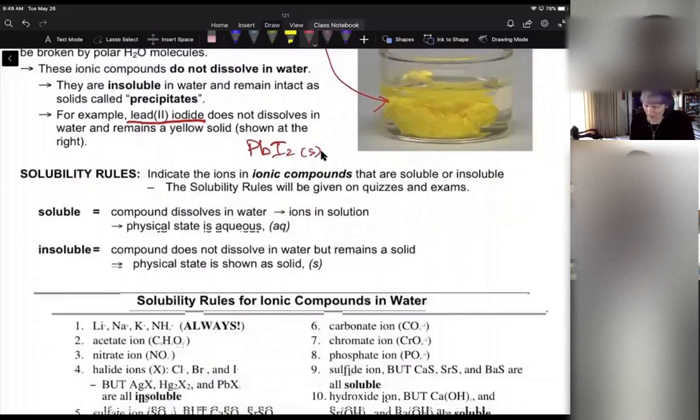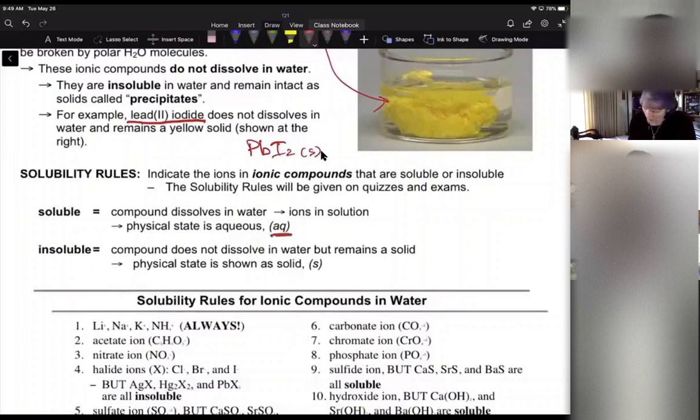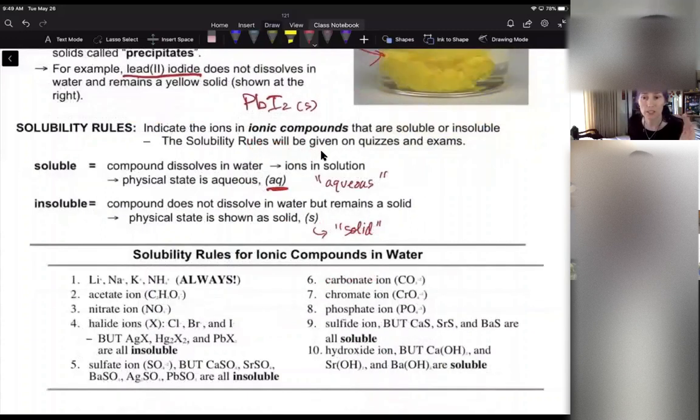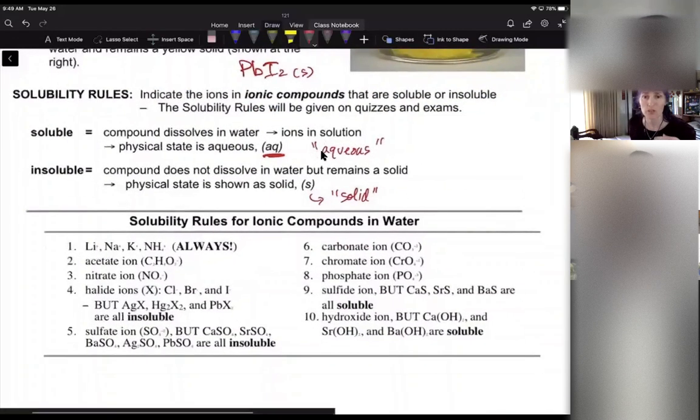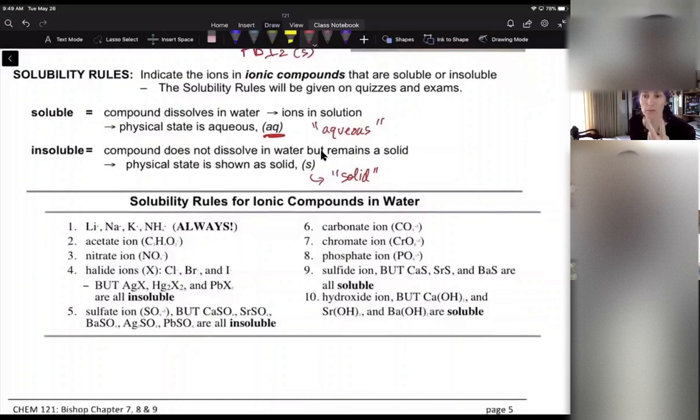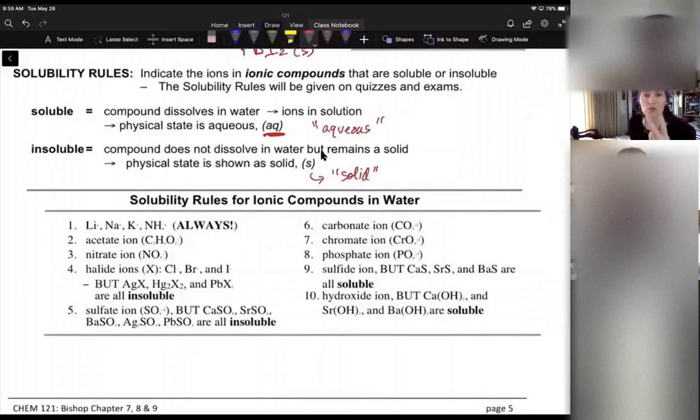So I like to keep using the words aqueous and solid. I like to do that because if I say soluble and insoluble, I just get really tangled up on the words. This is how the solubility rules work. They're ordered in importance. So when you have an ionic compound, you're going to look for those two ions.